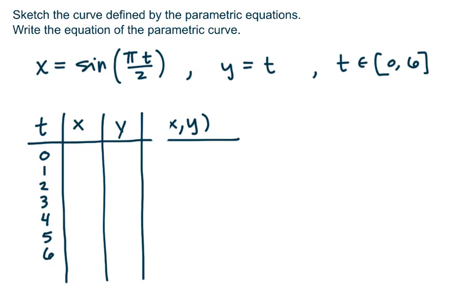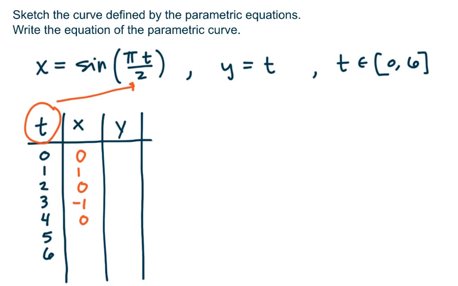I don't think we need to write that part of it out here because we'll have our x and y right beside each other. But if I plug all of my t values into my function here, I can calculate these x's. So sine of pi times 0 over 2, sine of 0 is 0. And I'll just fill this out for the sake of saving some time.